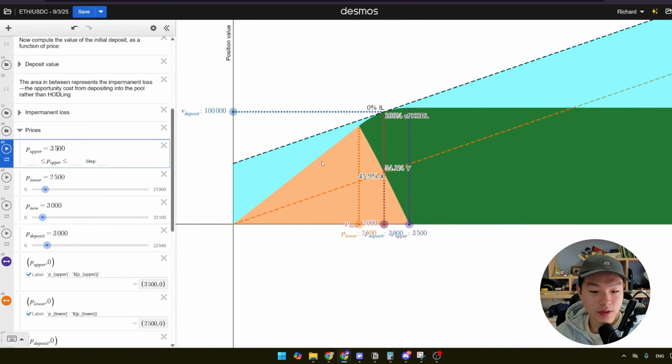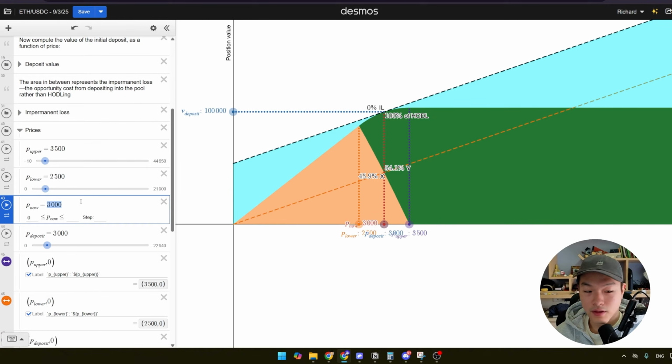It's not exact, but let's just roll with this. If Ethereum's price goes down by 50% from here, you're going to be suffering a whopping 32% of impermanent loss, right? And then if the price goes up to 4,500, you're going to be suffering about 15, 16% of impermanent loss.